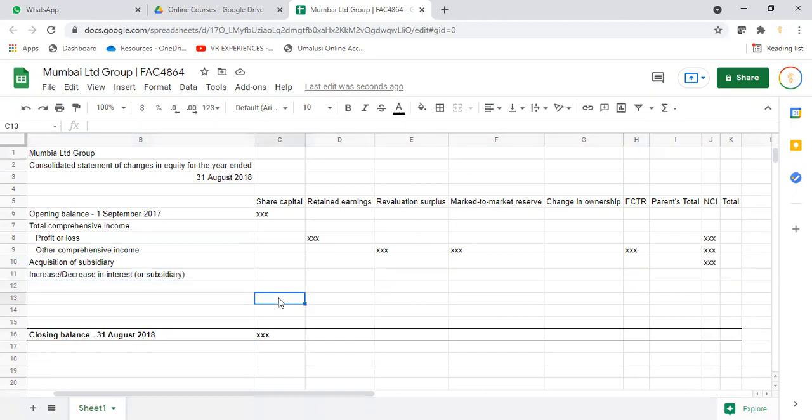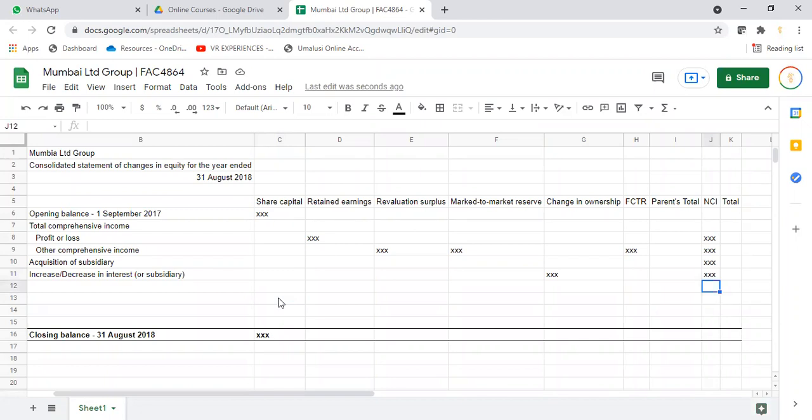And remember, when there's a change in ownership question where before and after you are still a subsidiary, it will impact change in ownership, and it will impact NCI. Why NCI? I'm not putting in brackets because sometimes the numbers can be either way.